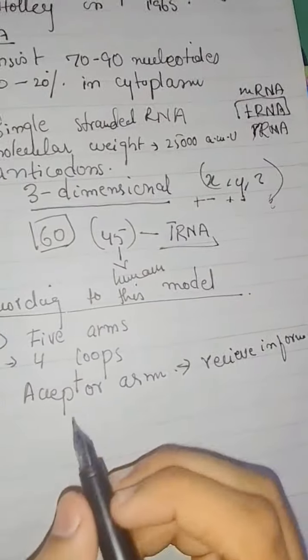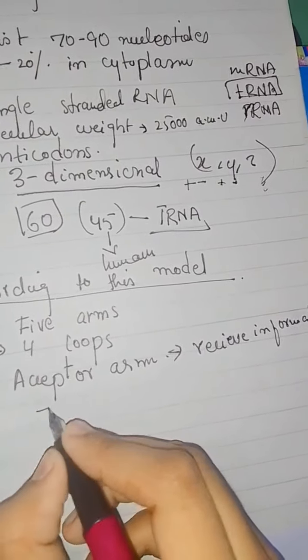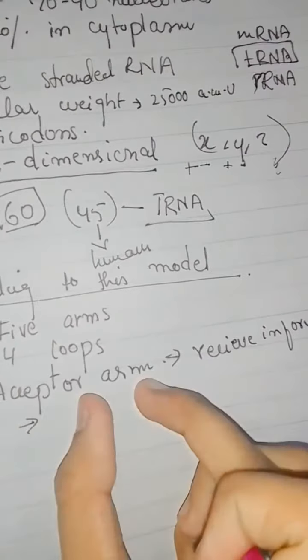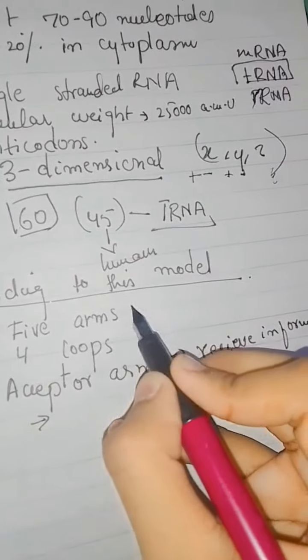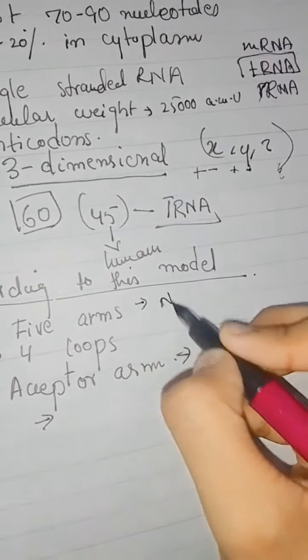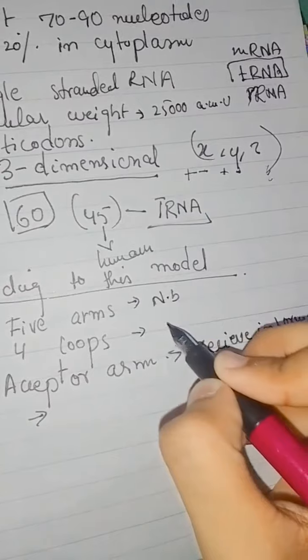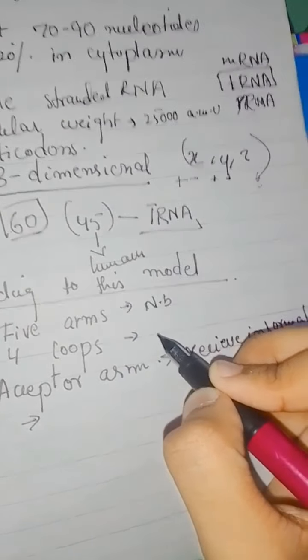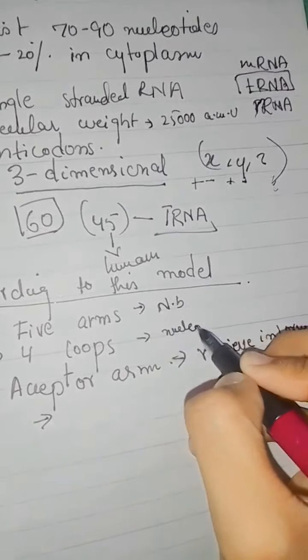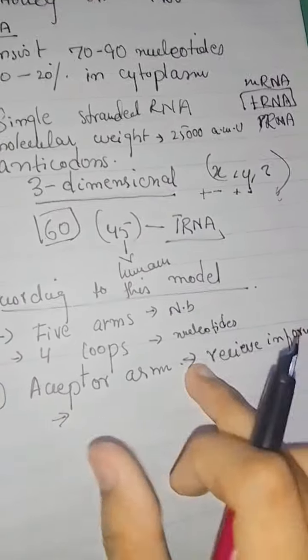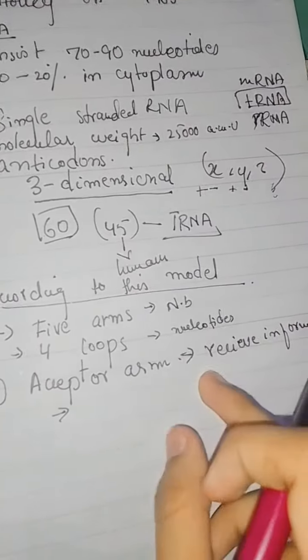If we talk about the arms, in arms there are nitrogenous bases, and if we talk about the loop, the loop consists of nucleotides. So here the loop is not present, only the arm is present.